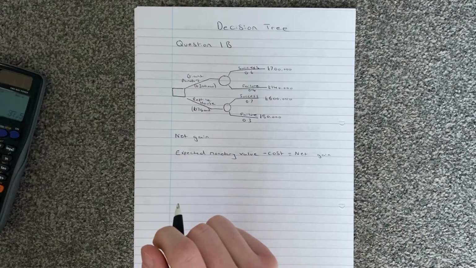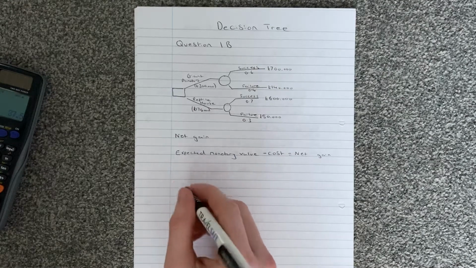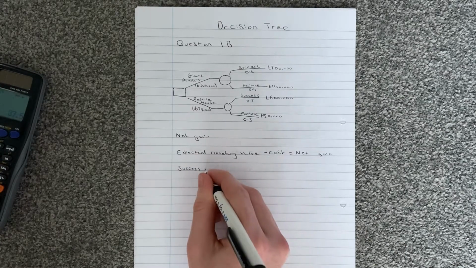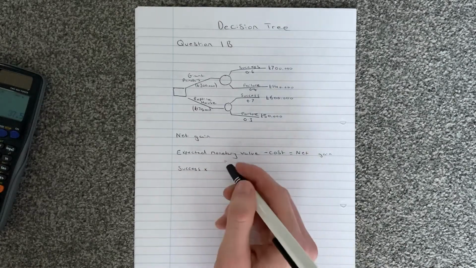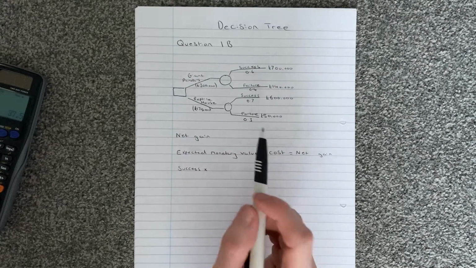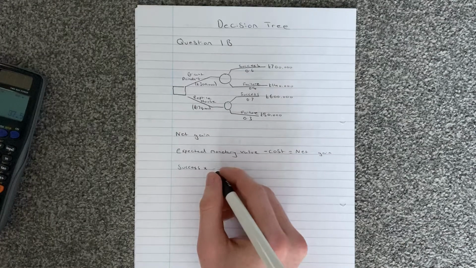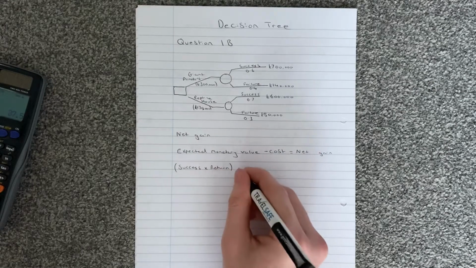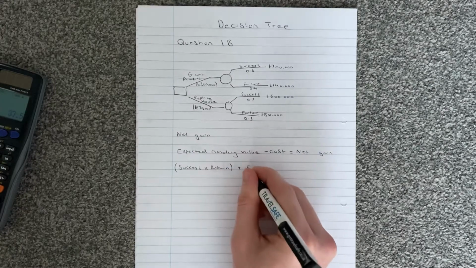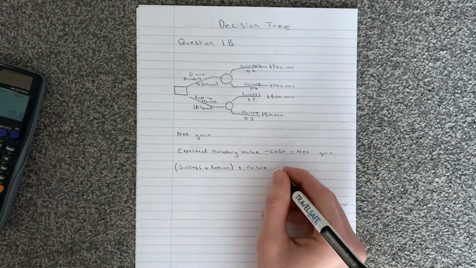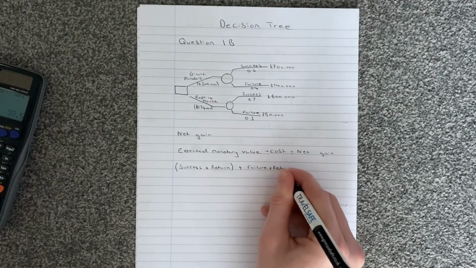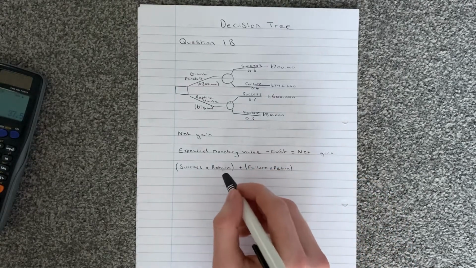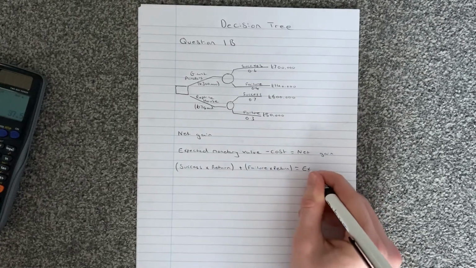So what we would see is success multiplied by the expected return. What you would then do is add that with failure multiplied by the return. Obviously that return is related to the failure and the return here is related to the success. And that would give you your expected monetary value.